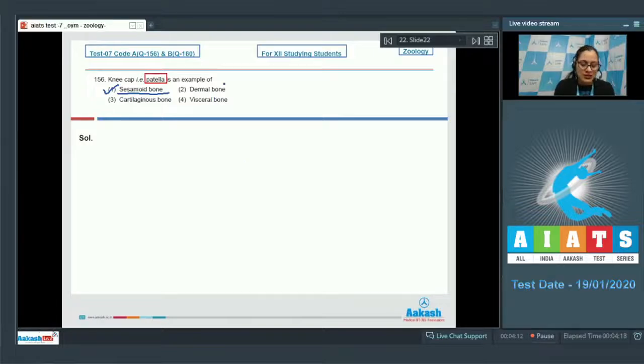The next option is dermal bone, and this is an incorrect option. Examples of dermal bone are frontal, nasal, or vomer bone.